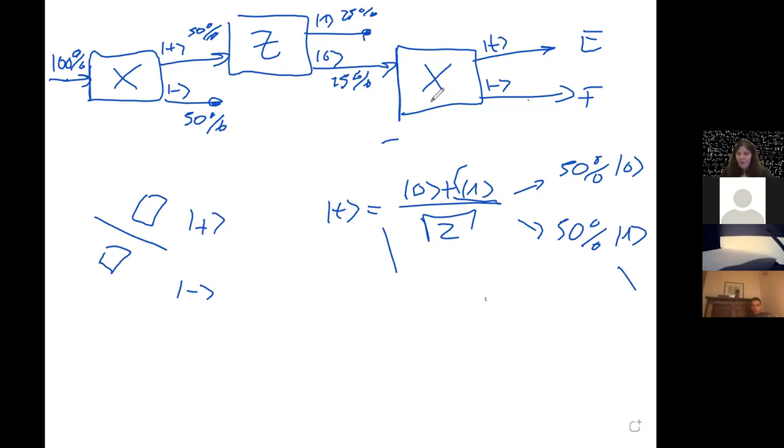And now we put it again in a Stern-Gerlach experiment in X space. Here we have to think about what happens now.